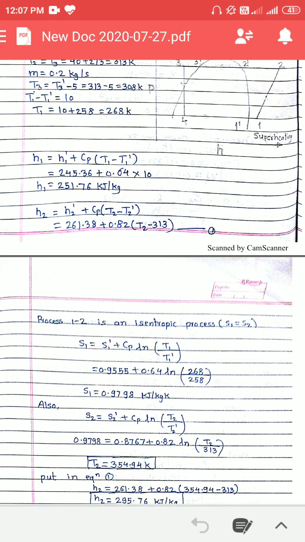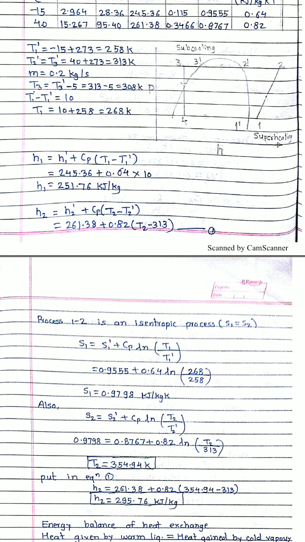So we can use the same formula for the entropy at point number 2. S2 = S2 dash + Cp ln(T2/T2 dash). So 0.9798 is equal to S2 dash, the entropy at the condenser pressure line corresponding to 40 degrees Celsius on the vapor side, 0.8767, plus 0.8767 into ln of T2 upon 313.